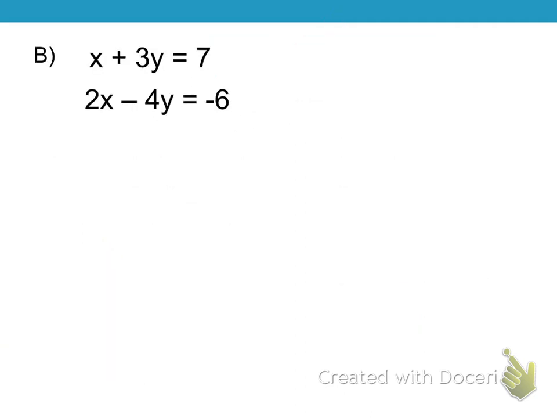All right, here's B. All right, so do you see a variable that we could very easily get by itself? I think the x right here would be pretty simple, right? So I'm going to get that x by itself.